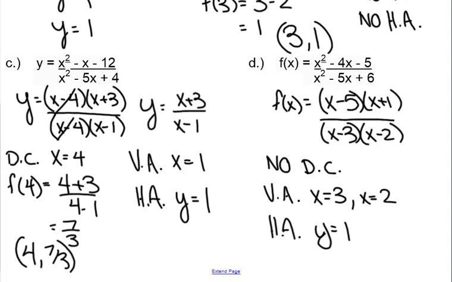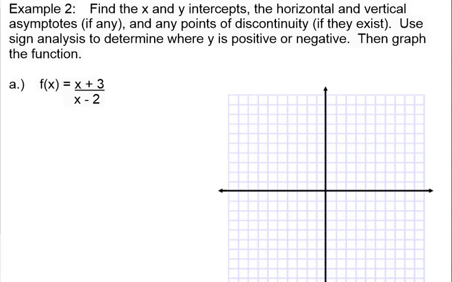All right. So example 2: find the x and y intercepts, and the horizontal and vertical asymptotes, if any. With our horizontal asymptotes, we also need to check to see if they cross. It gets more into calculus, but basically at this level of our understanding, we can cross horizontal asymptotes at small values of x.